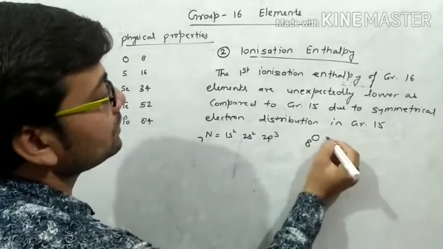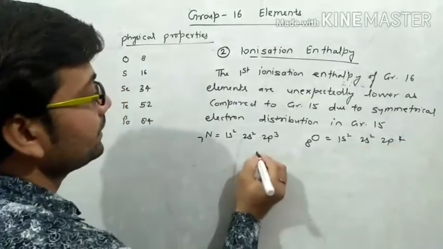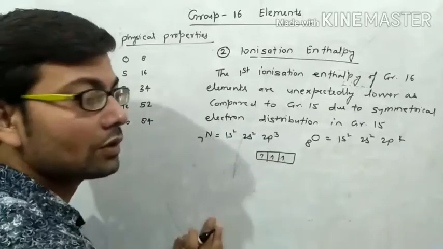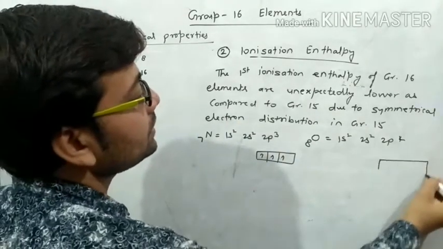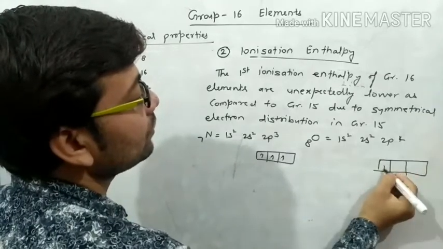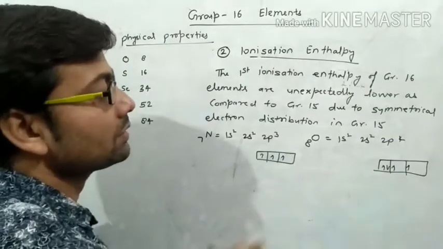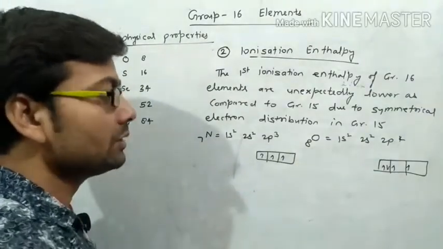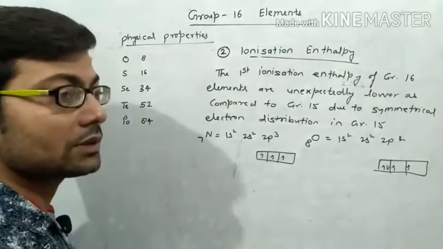But in the case of oxygen, it is 1s2, 2s2, 2p4. Here in nitrogen the p orbital has 1, 2 and 3 electrons in symmetrical form. But in oxygen there are 4 electrons, 1, 2, 3 and 4, so this is not in symmetrical form. So that's why the first ionization enthalpy of oxygen is lower as compared to nitrogen.